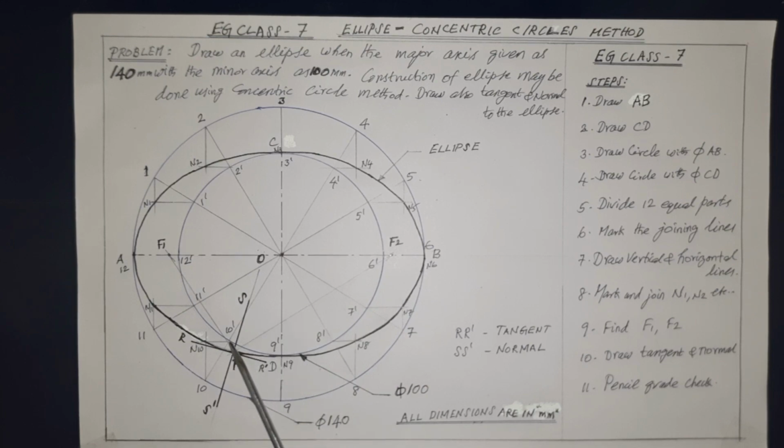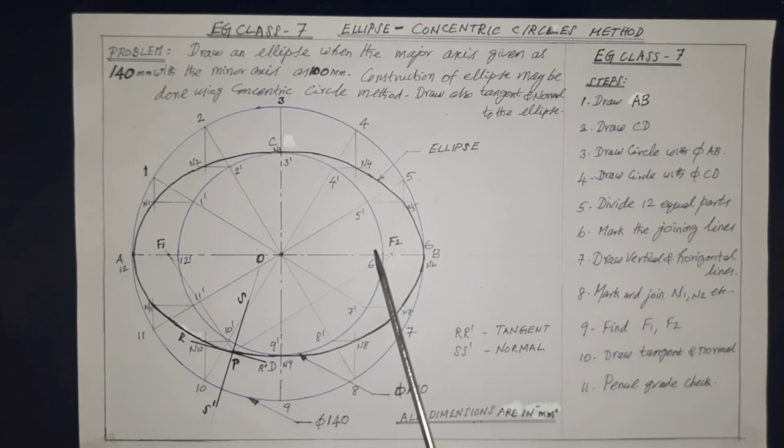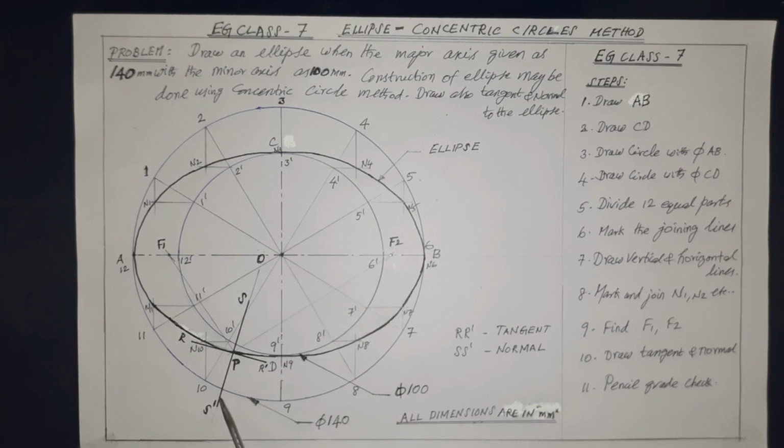Here, this is not 90 degrees, this is making an angle. Now, this angle F1, P, F2 is to be bisected as shown and draw the line which is the normal line, that is S1, or perpendicular line through the point P to the ellipse.